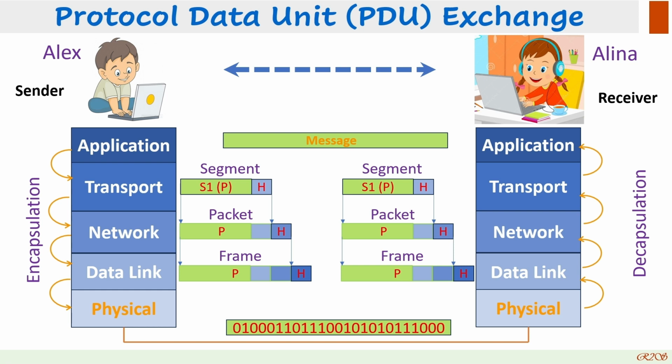The sender side does the encapsulation and the receiver side does the decapsulation, or de-encapsulation. I think this will help you understand the whole process of the network layered architecture, why we need the network layers, how it works, what happens in each layer, and what the PDU is.